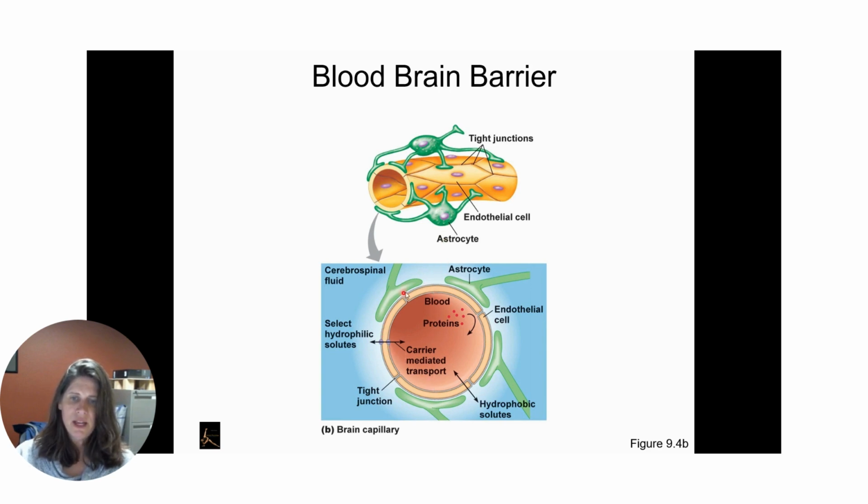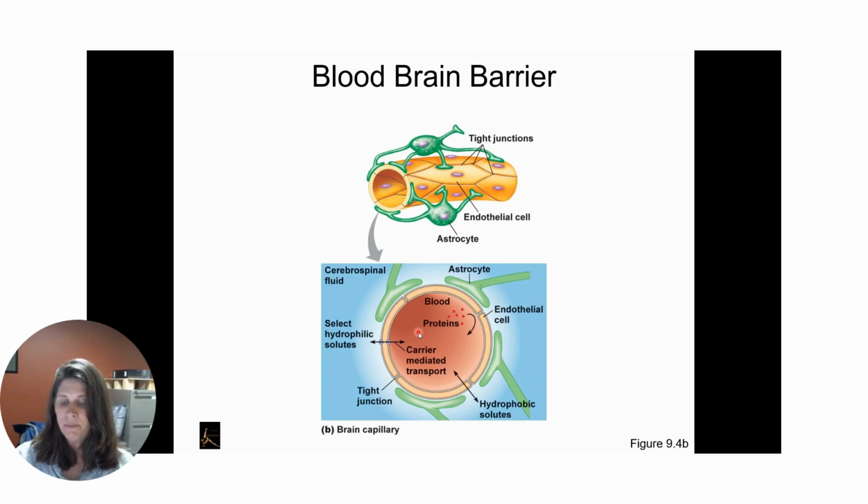The astrocytes extend projections that wrap over the capillaries, so that anything that would normally leak out of a capillary, the endothelial cells, and go into the interstitial fluid in the brain, gets stopped by the astrocyte. It might enter the astrocyte, and then the astrocyte can determine if that's something that should be released to the brain tissue or not, and it may break it down.